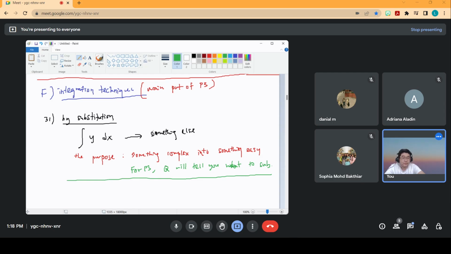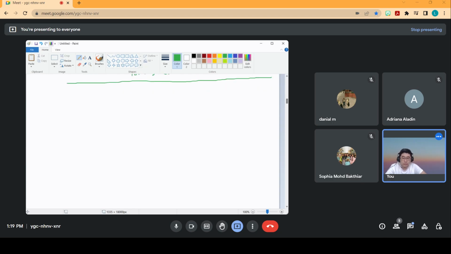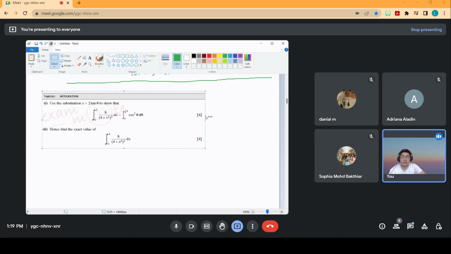So let's say this is the question. You will see that, as I said, they will tell you what to substitute, and it shouldn't be a problem. The second part is a continuous question. So if you know how to solve the question, it's already 8 marks done.